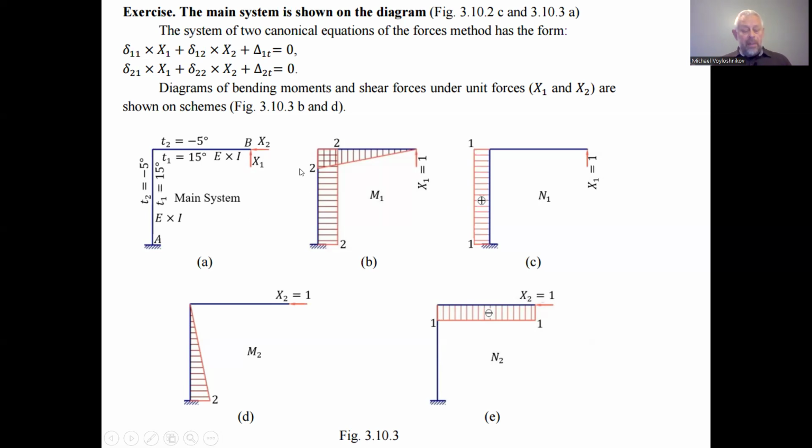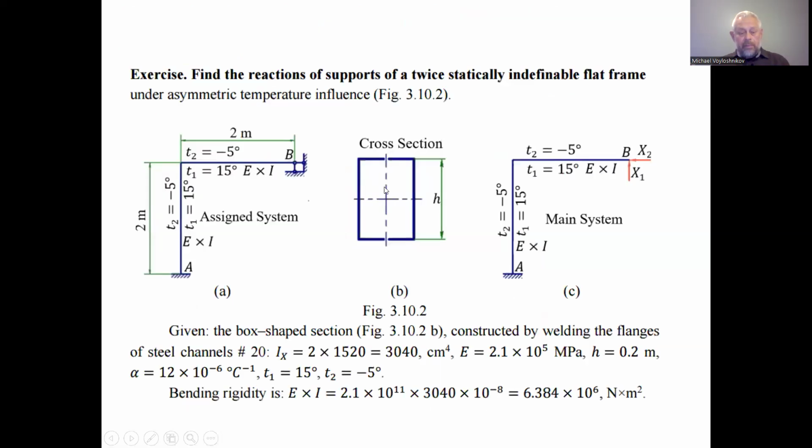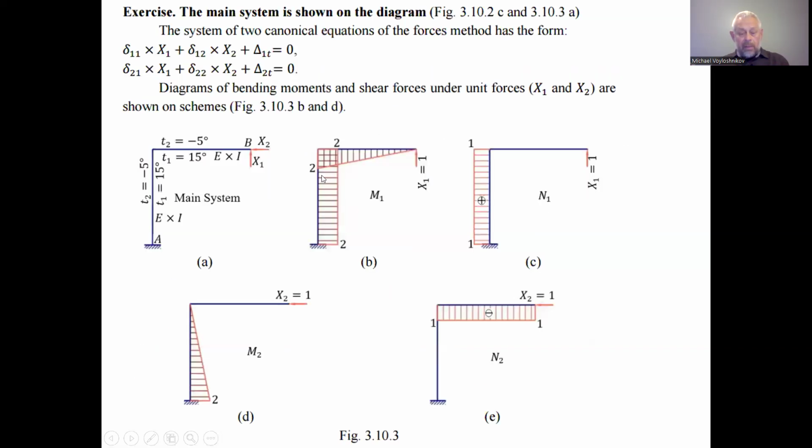Now, for the bending moments, we can find the diagram under the action of the unit force in the direction number 1, upward. For the vertical part, we have an even distribution of the bending moment, as the force is equal to 1 and the width of the diagram is 2 meters, so we have magnitude 2.